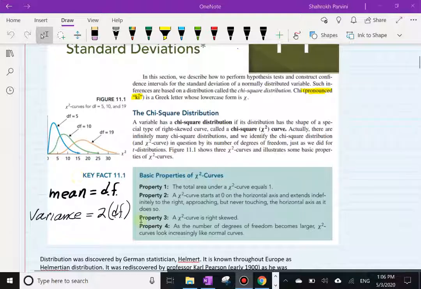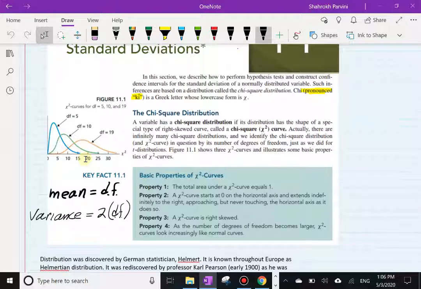A couple of interesting factoids about this distribution: the mean or expected value of a random variable that follows a chi-square distribution, the center of this distribution, is the same as its degrees of freedom. So if you look at, for example, degrees of freedom 19, right about here, that's where the mean is going to be.